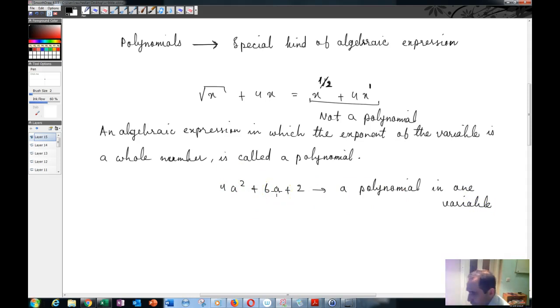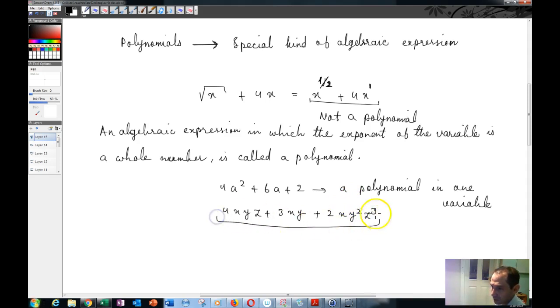Now we could have polynomials in, for example, 2 variables, in 3 variables, for example 4xyz plus 3xy plus 2, for example xy squared z cubed. This is also a polynomial, but a polynomial in 3 variables.